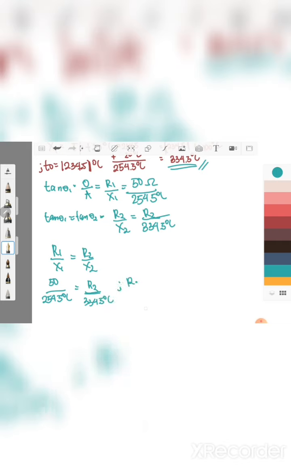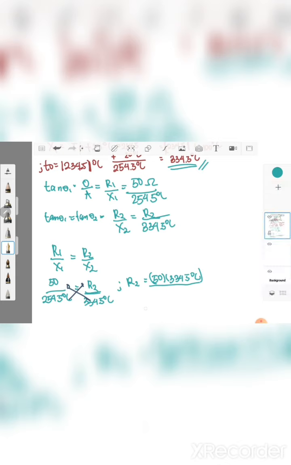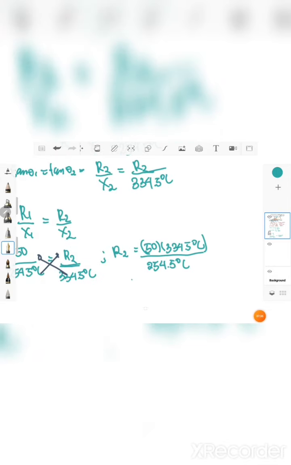Okay, solving for R2, cross multiply, we have R2 which is equal to 50 multiplied by 334.5 degrees Celsius divided by our 254.5 degrees Celsius, which is equal to 65.71 ohms, or 65.717 ohms.